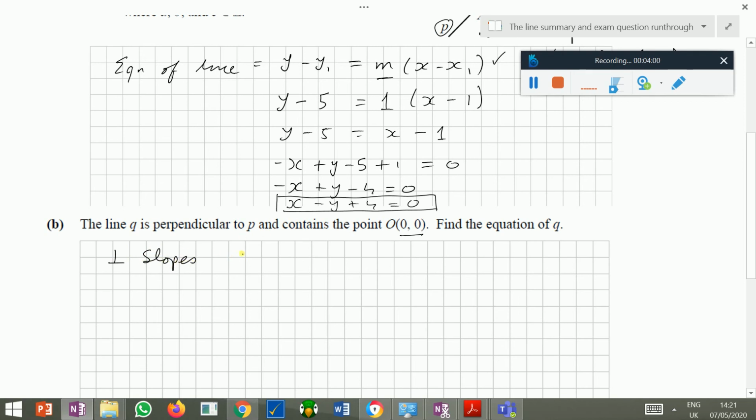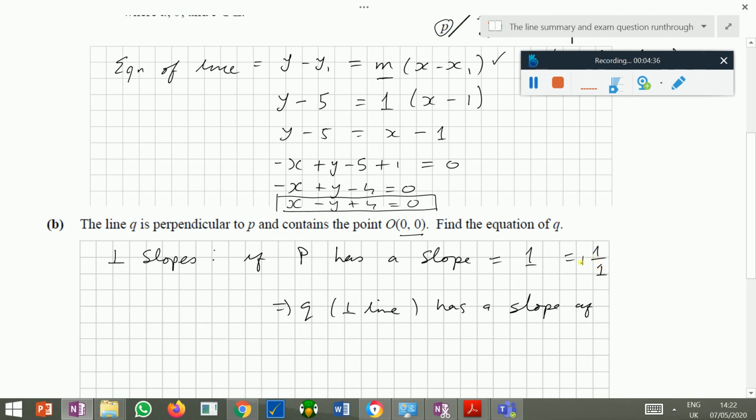If one line, P, has a slope equal to 1, and we're going to write that as 1 over 1, then Q, a perpendicular line, has a slope of, now we've got to change the sign, that's the rule to find a perpendicular slope: change the sign.